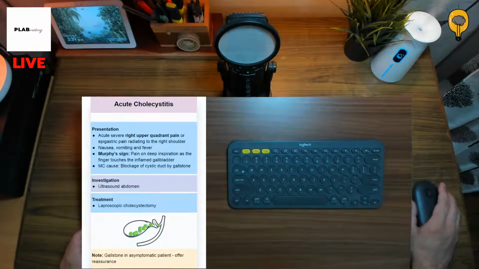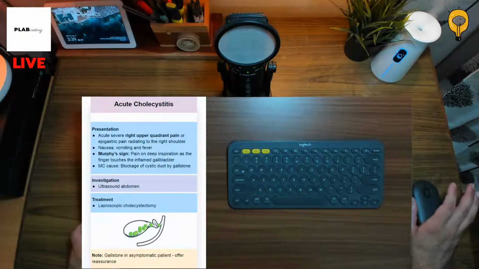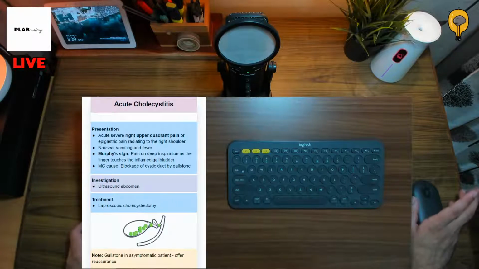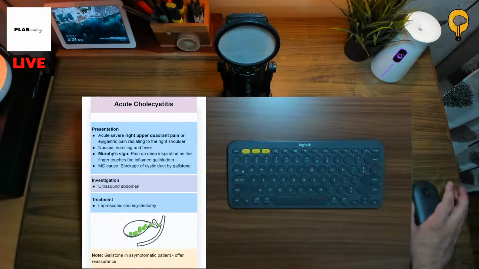Management would be nil by mouth, analgesia, IV fluids and antibiotics. Once the symptoms settle down, we do a laparoscopic cholecystectomy, the treatment of choice for all patients fit for general anesthesia. Open surgery is only required when there is gallbladder perforation.